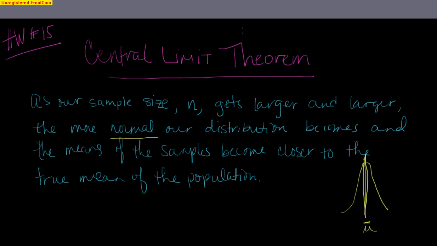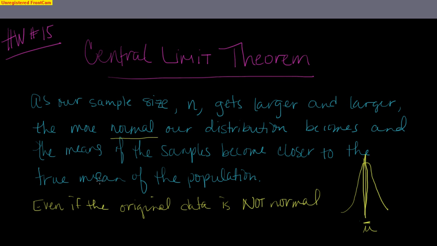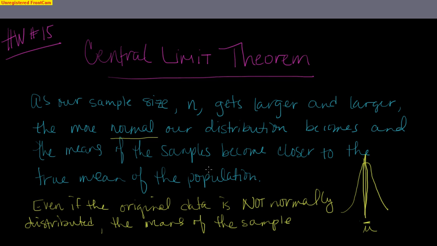Okay? And what's so fascinating about the central limit theorem is that even if the original data is not normal, so you can look at all kinds of data, like weights, that is not normally distributed, even if the original data is not normally distributed, the means of the samples will be normally distributed.